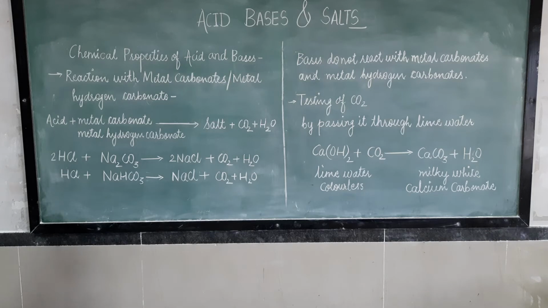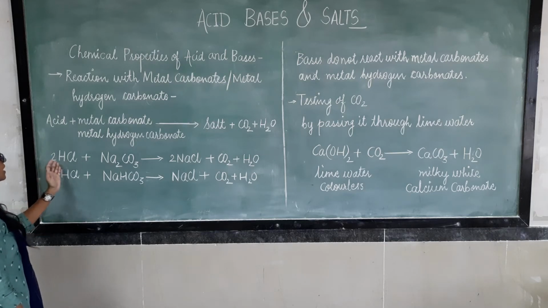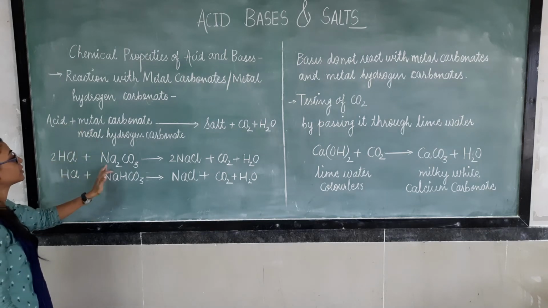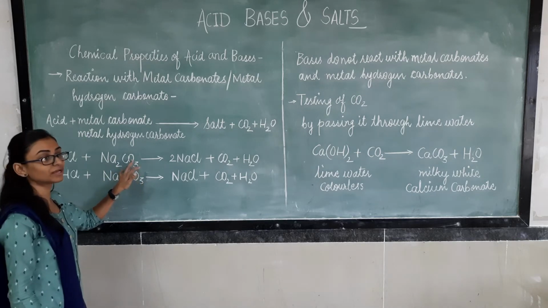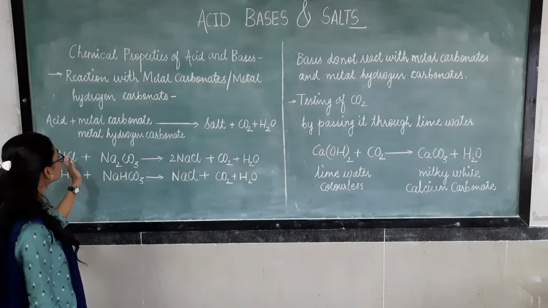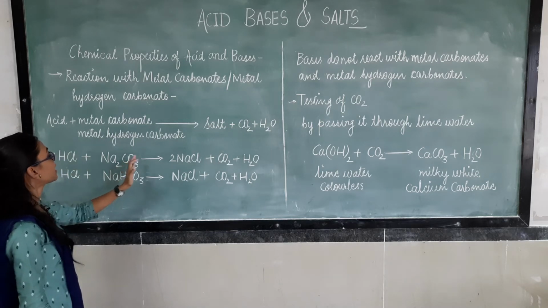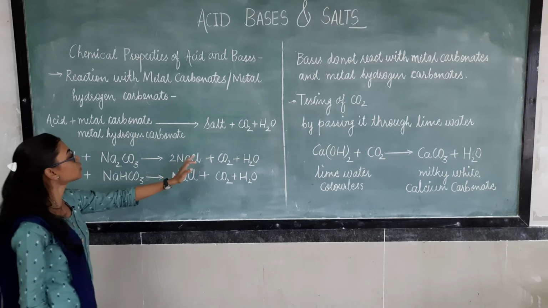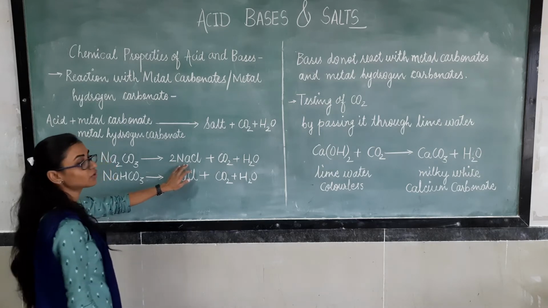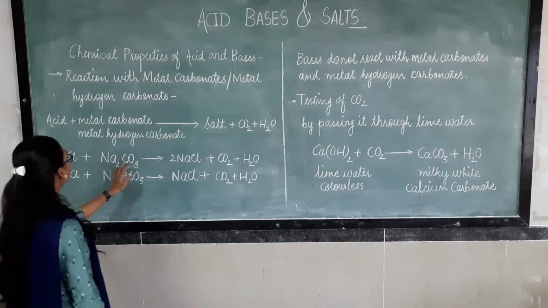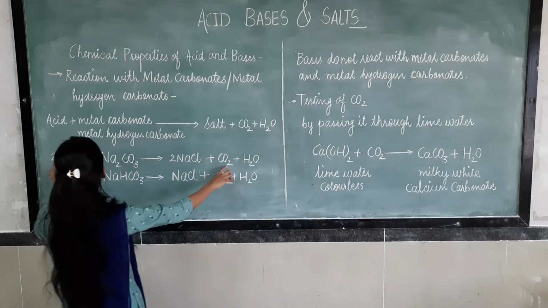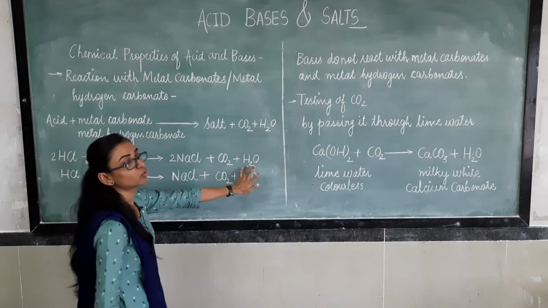We'll see one example. When the acid HCl reacts with a metal carbonate, here sodium carbonate, it produces a salt, sodium chloride, and releases CO2 and one molecule of H2O.